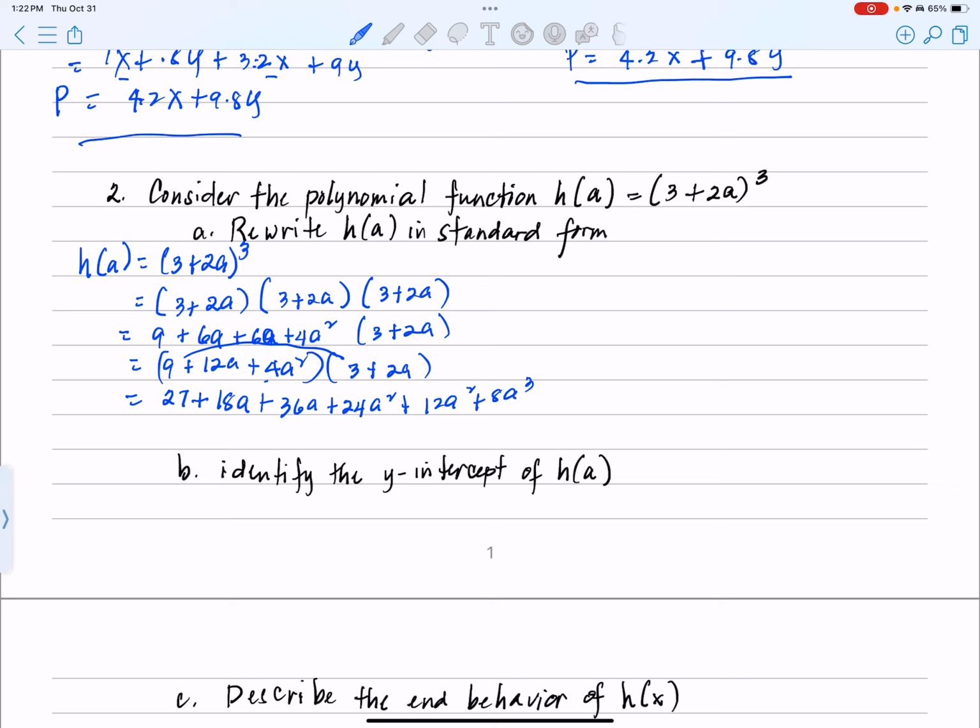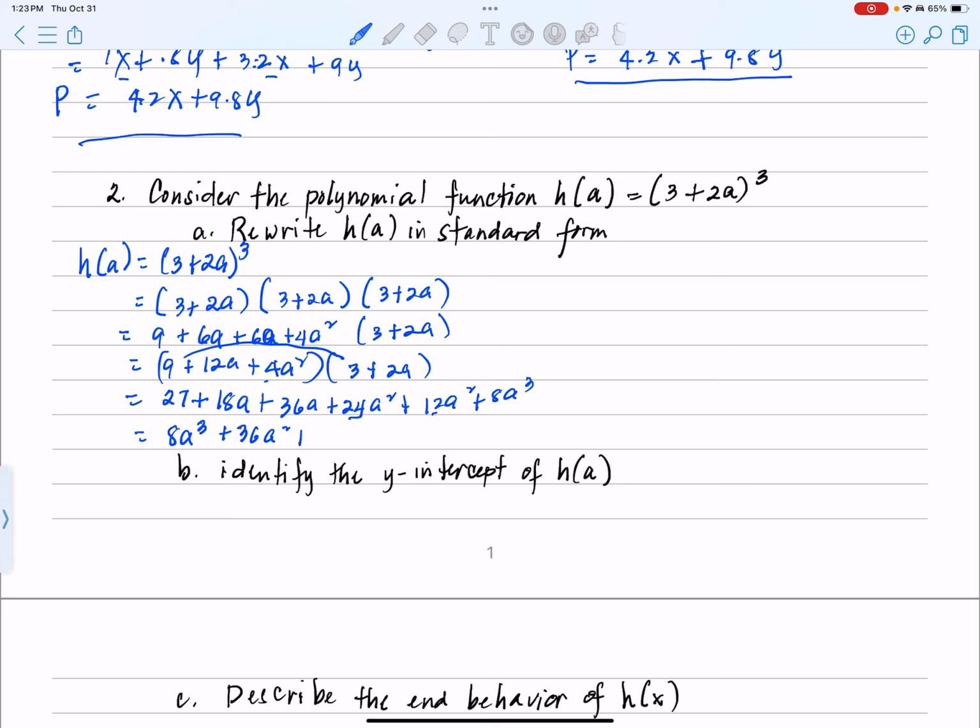Okay, by arranging and collecting terms, I see the highest term, 8A to the third power. How about the second power? I have 24 and 12. So that is 36A squared.